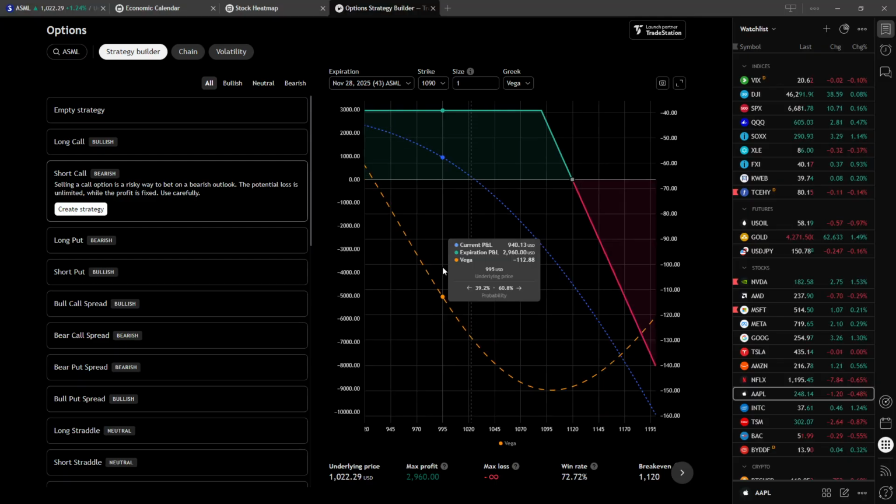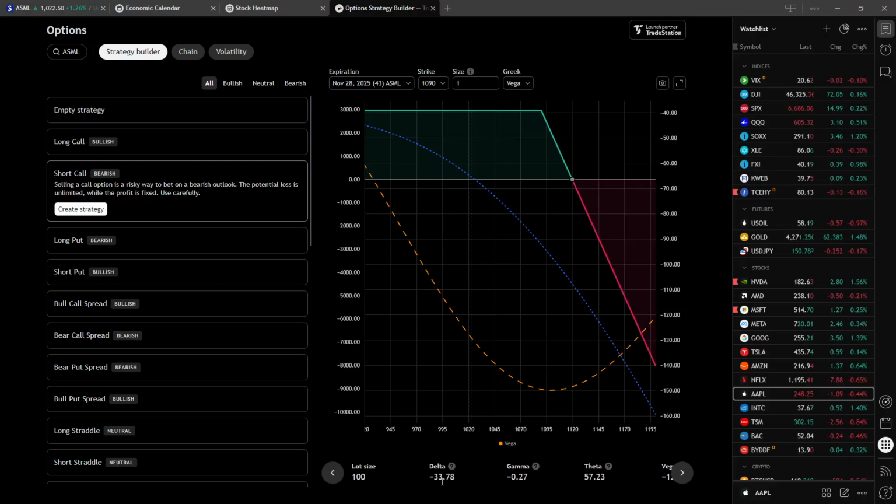As you can see, the price will continue to change as the underlying stock moves. So it's around $3,000 for a 72% win rate, with a delta above 30%.